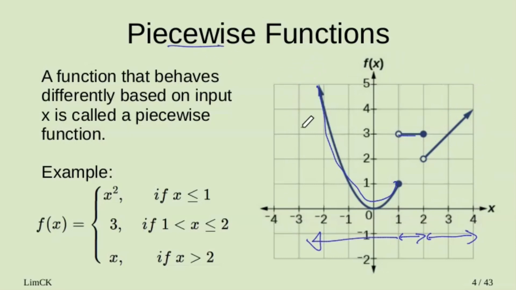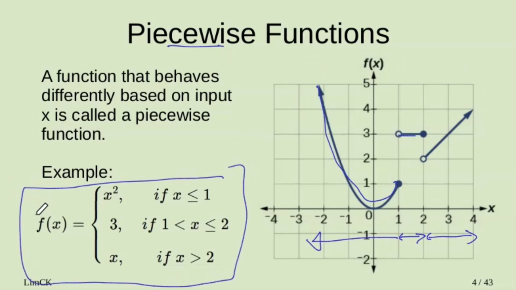We always write a piecewise function in this form. For example, if we call the function f and the input is x, f(x) can be written in this form. When x is less than or equal to 1, this part, the function is x squared.